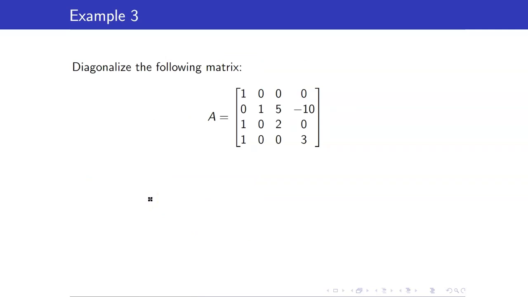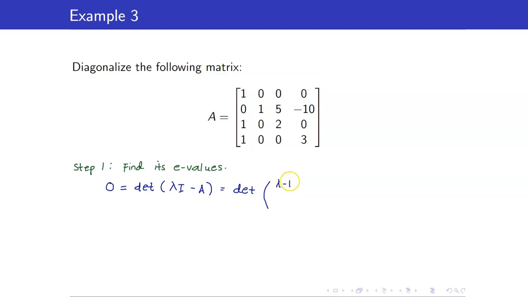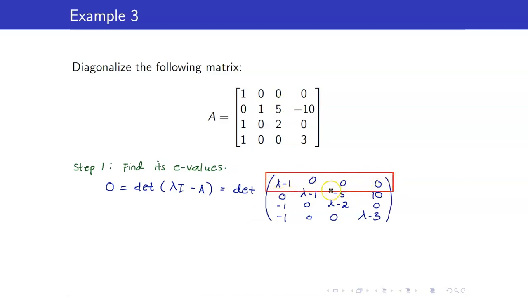Here's another example. Let us diagonalize this matrix. Again, our first step is to find its eigenvalues. Compute its characteristic polynomial, which is the determinant of lambda I minus A. Notice that here I have a row which has exactly one non-zero entry, so therefore I will do the cofactor expansion along the first row.